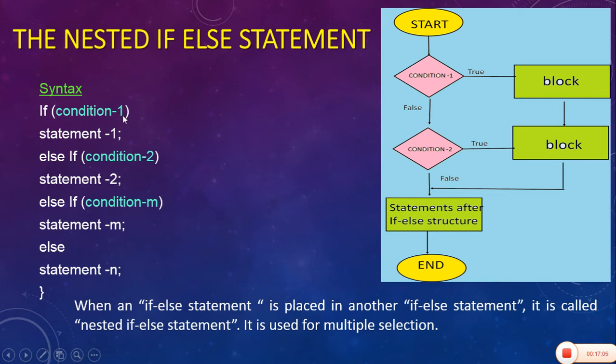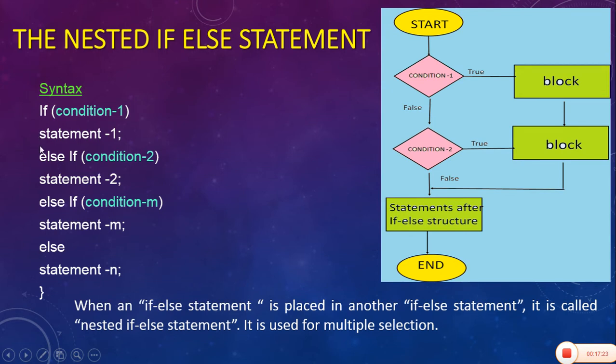So if conditions 1, 2 and m are all true, then statements 1, 2 and m will execute, while statement n will not be executed. If condition 1 is false, then only statement n will be executed.